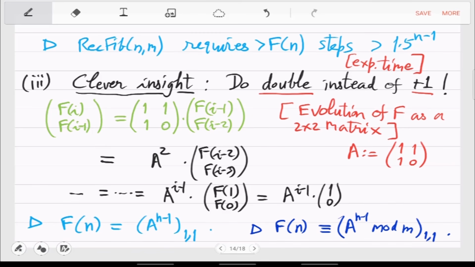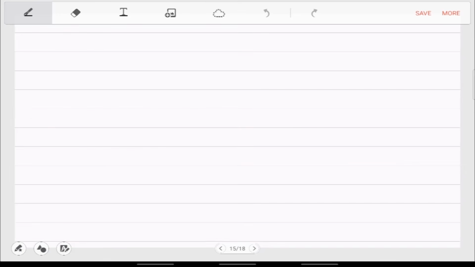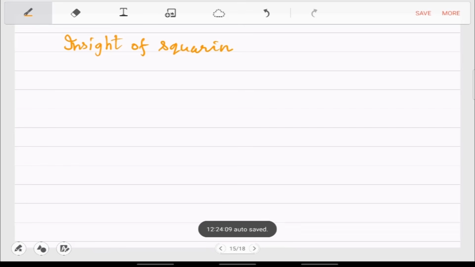So let us note that. The insight of squaring: don't multiply when you can square.